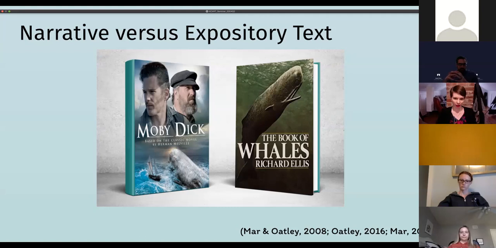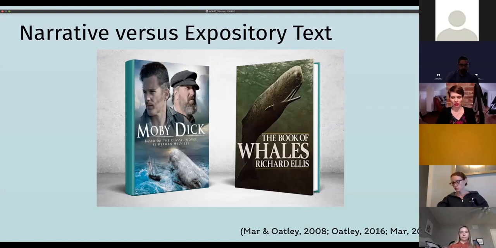And perhaps the reason for this is that, as argued by Marr and Oatley, narrative text like Moby Dick is inherently social. It's about our social world and how to interact in our social world. So if you already have social communication deficits, perhaps this genre is going to be more difficult to understand. Now, that's the working hypothesis.